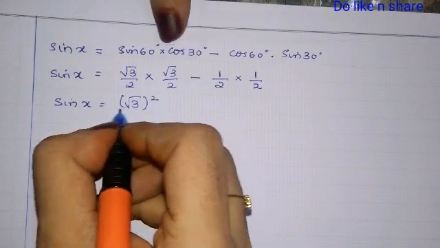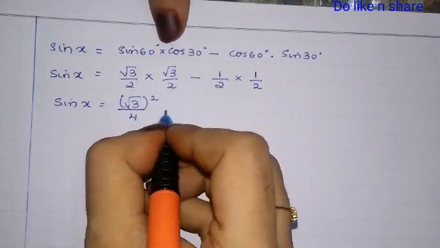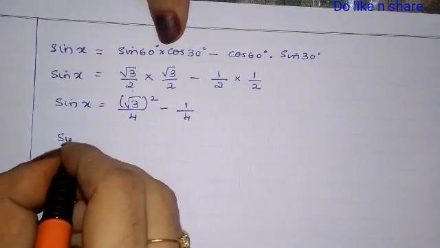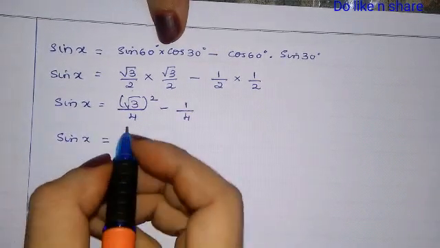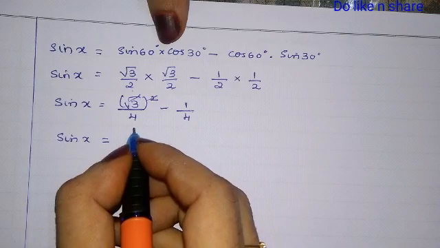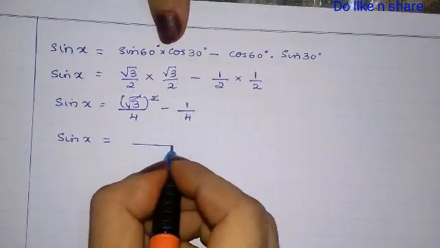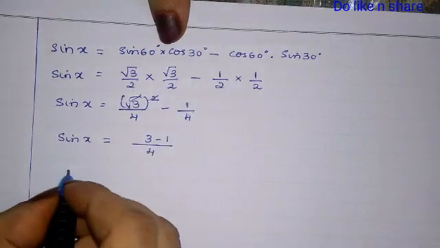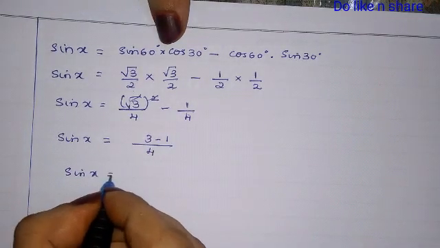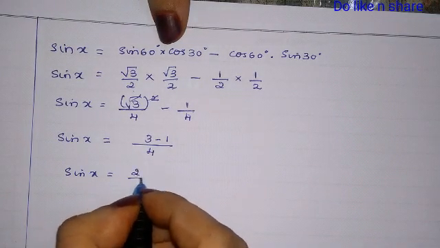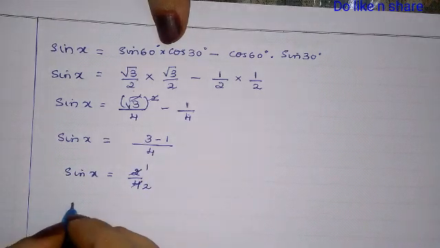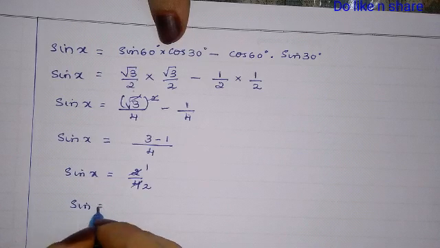If you want, I'll write: 2 2s are 4, minus 1 1s are 1, 2 2s are 4. Sin x is equal to, square and root get cancelled, denominator is same, 4, 3 minus 1. Sin x is equal to 2 by 4, 2 1s are 2, 2 2s are 4. Sin x is equal to 1 by 2.